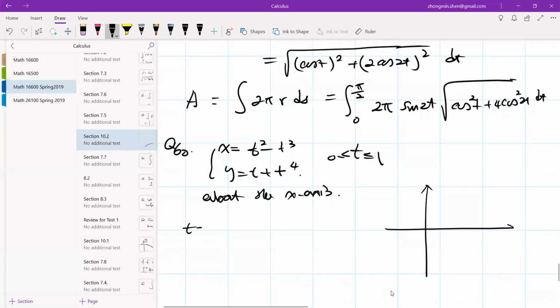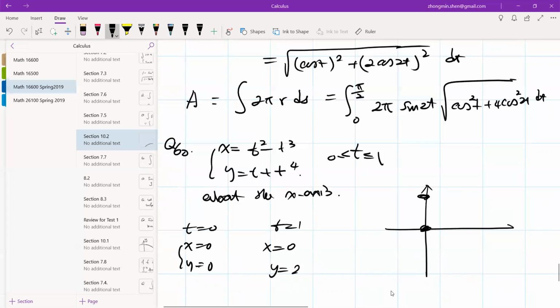When t equals 0, clearly x equals 0, y equals 0. That's your starting point. When t equals 1, x equals 0 again, y equals 2. Now you're in trouble. Where's the point? Here's the point. So how does the curve look? y keeps increasing when t increases between them.